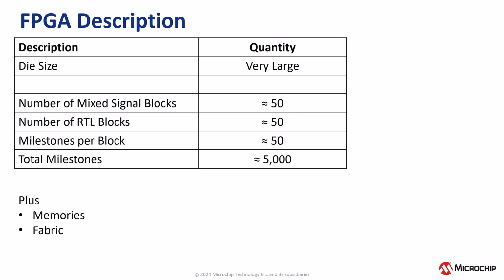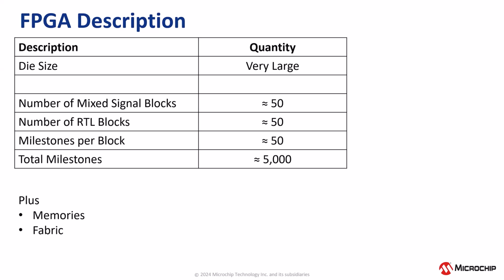A brief FPGA description. An FPGA is a field programmable gate array. It's an integrated circuit that can be programmed to perform a variety of tasks. FPGAs are some of the largest semiconductor dies. There are 2 types of IPs used in an FPGA, mixed signal and RTL.